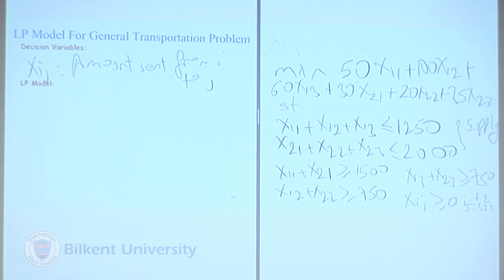In the general form, what we have done is actually minimize over i and j, cij times xij, right? That's what we have done. Subject to, this is the compact formulation. You're going to learn how to do compact formulations too. Subject to, I have to satisfy my demand, so the sum of xij should be at least dj for all j.